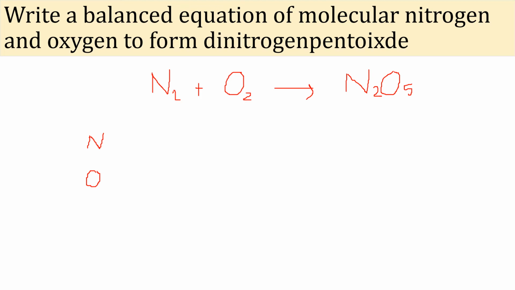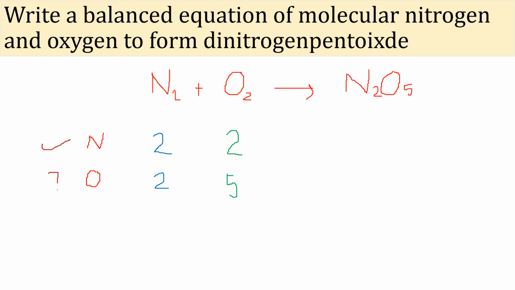There are 2 nitrogen and 2 oxygen present. And on the product side, I'm going to write product in green. There are 2 nitrogen present on the product side and 5 oxygen present on the product side. So we can say that nitrogen is balanced but oxygen is not balanced.